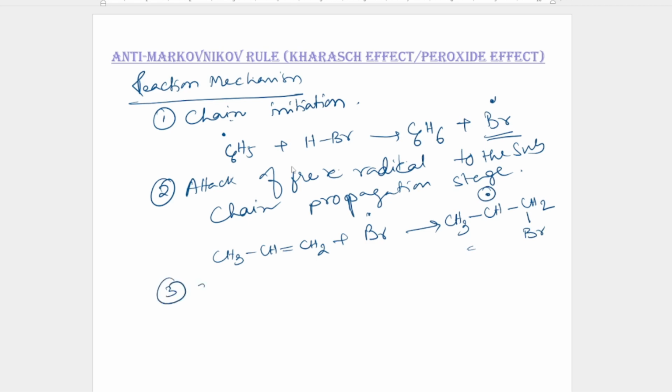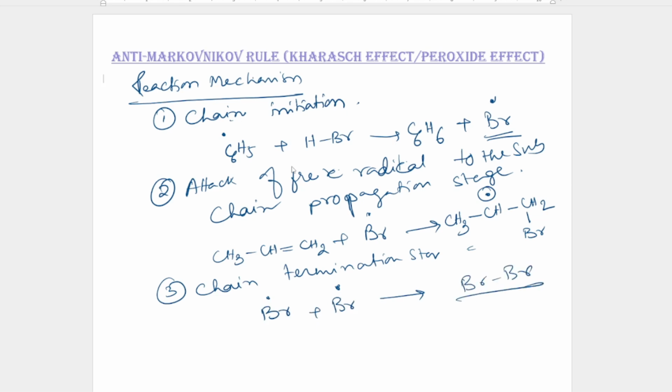Another is the chain termination step, where two free radicals like bromine and bromine combine to give a neutral product. That means the free radical chain has been stopped by reacting two free radicals to give a neutral product. So this is the chain termination step.